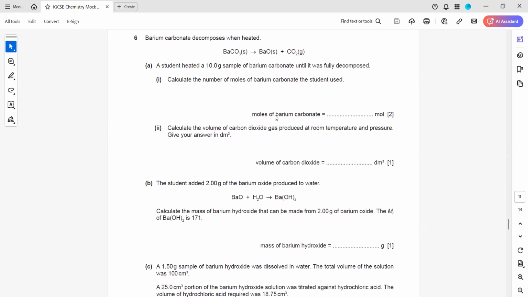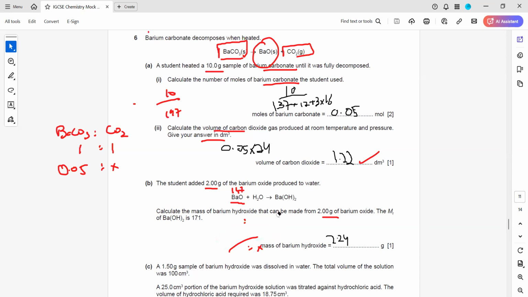Now look how we got this answer. The question is, the student added 2 grams of barium oxide, so he had 2 grams of barium oxide. We want to find how much barium hydroxide could be made from 2 grams of barium oxide.